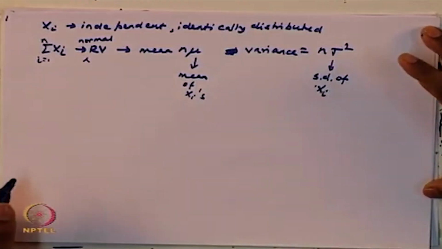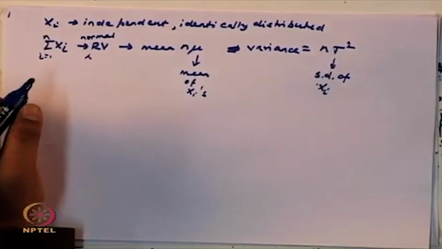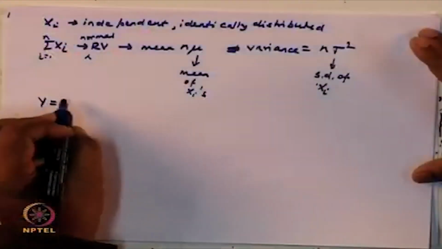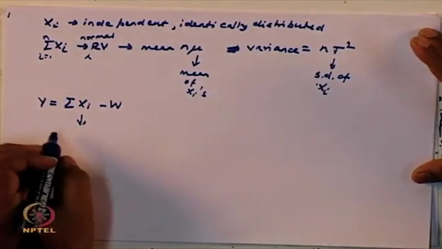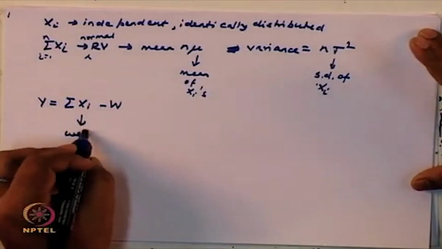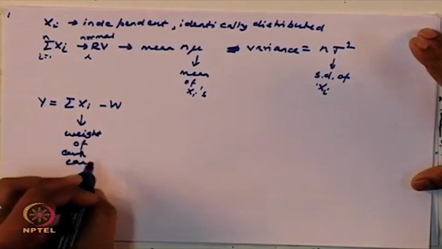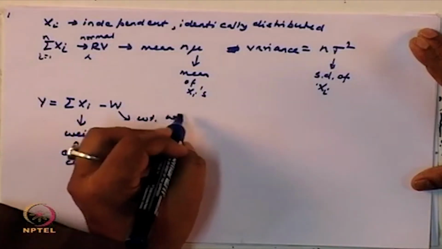And we had seen, using the example of the cars on a bridge, at what point the bridge will become unstable. In that case we had defined this random variable y as summation of xi minus w, where xi was the weight of each car, and w is the weight that can be withstood by the bridge.